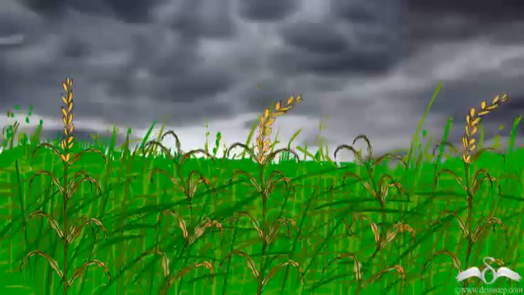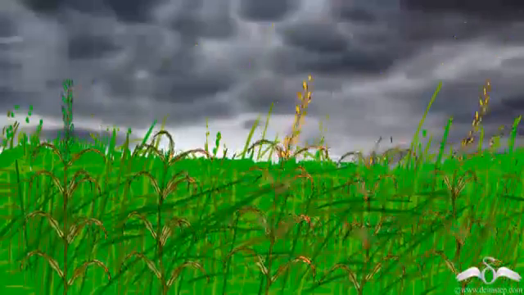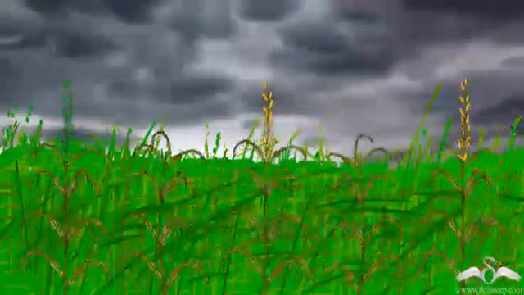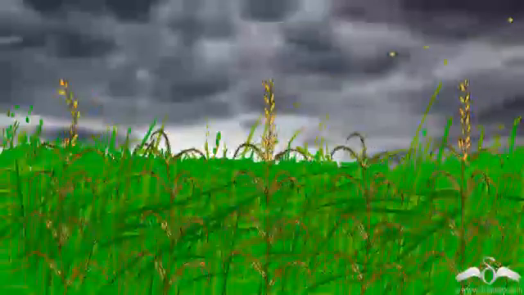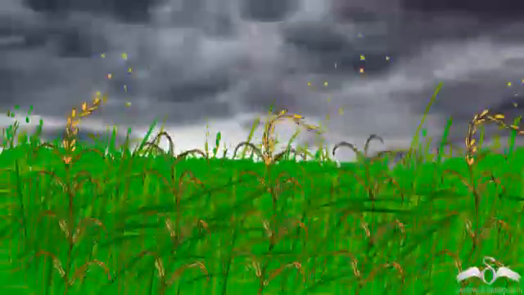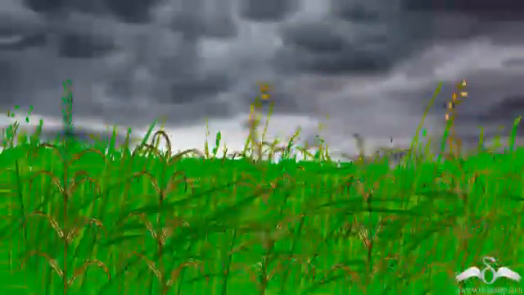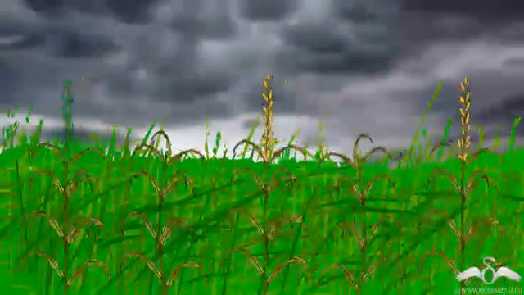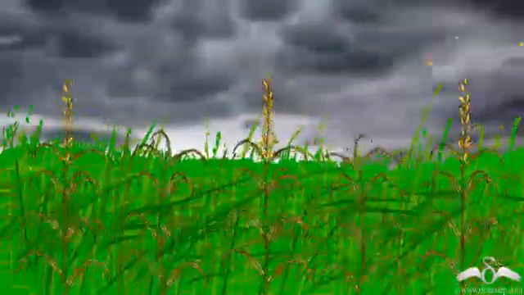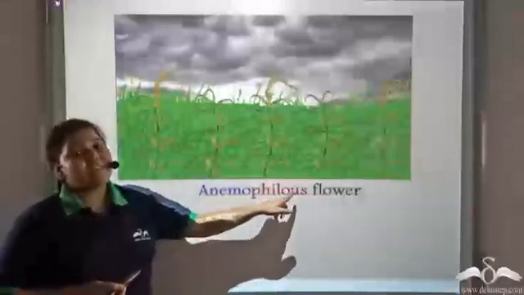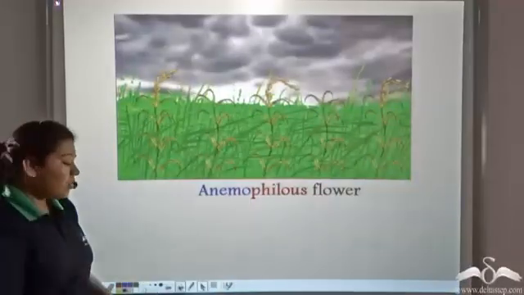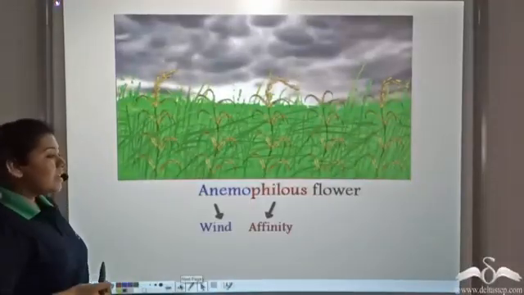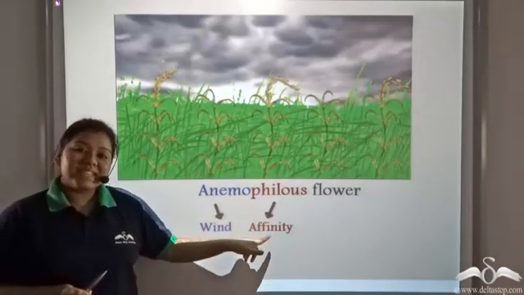Similarly, there are plants which are pollinated with the help of wind. See, wind is facilitating the cross-pollination. So such plants are known as anemophilous flowers, where anemo means wind and philous means affinity.